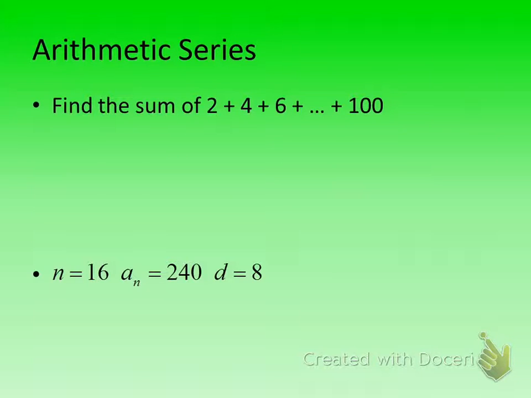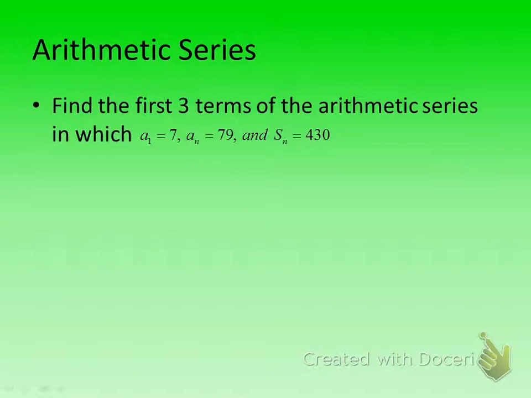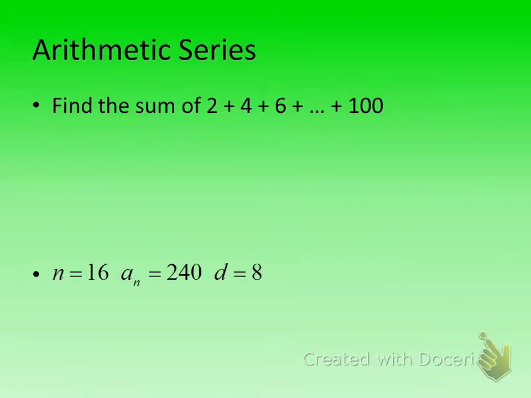All right, so the first one, exactly like the last one. What you're given, everything. So you're given A sub 1 being 2, D you figure out to be 2, and A sub n is 100.